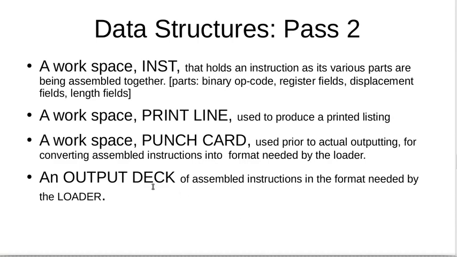Before the actual outputting, the converted instructions are kept in the punch card workspace, and all of these instructions are compiled, and the final form is known as the output deck or the output program.